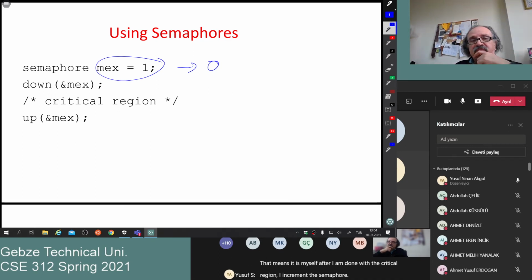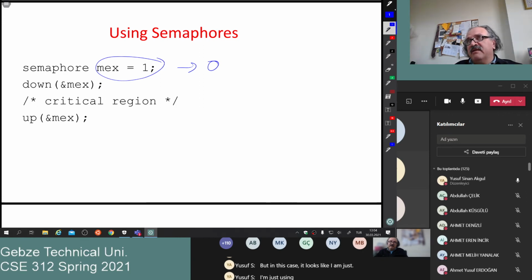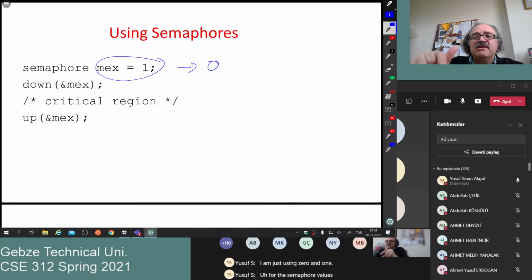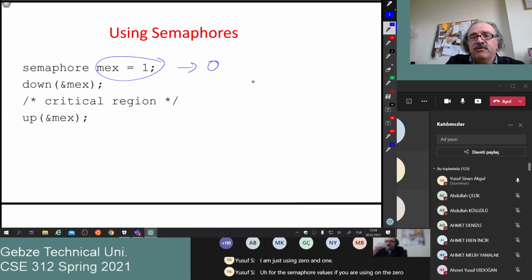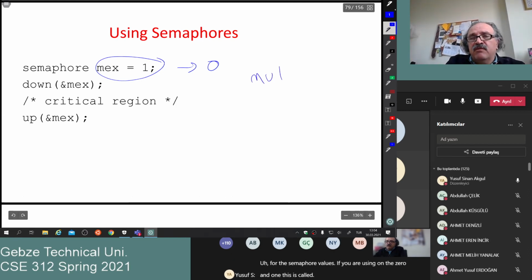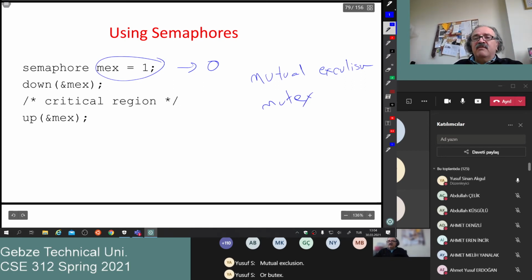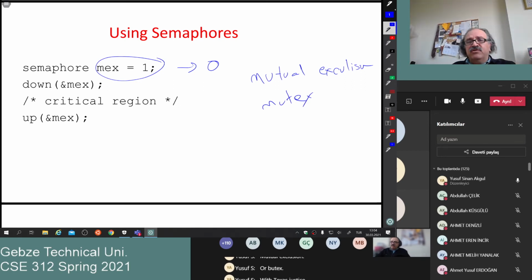Okay. Well, in this case, it looks like I am just using 0 and 1 for the semaphore values. If you are using only 0 and 1, this is called mutual exclusion or mutex. Mutex is just a special semaphore that can take 0 or 1 value.